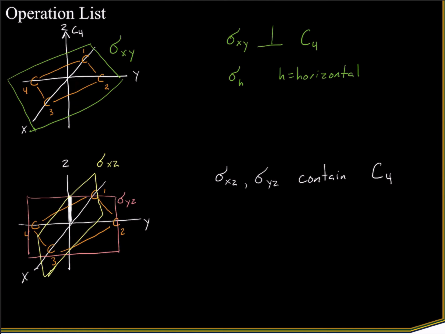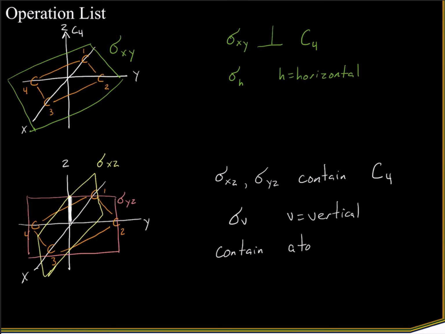And if they contain C4, we can call these a sigma V. V, in this case, being vertical. And so both of these are what we would classify as sigma V reflections. Now, they also contain atoms, right?